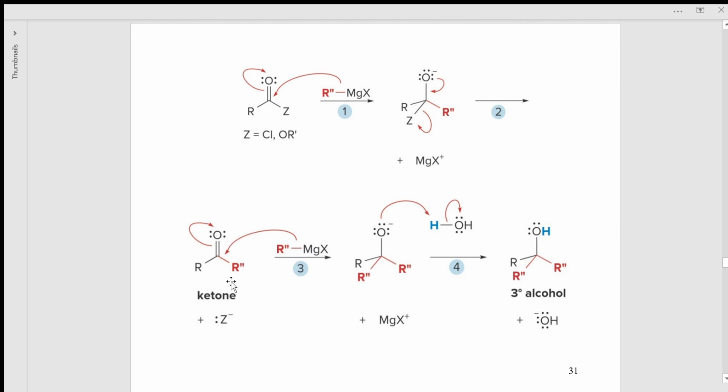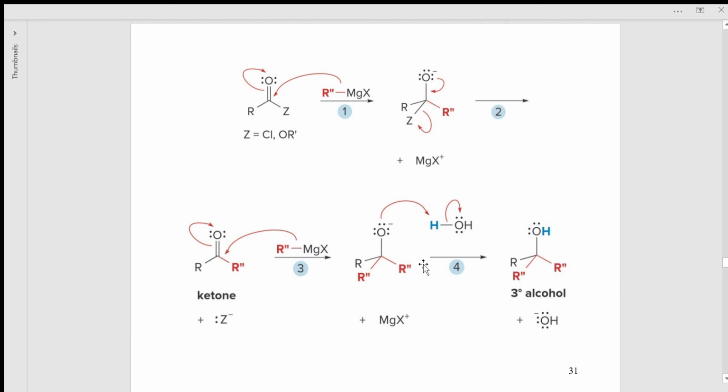So when this ketone forms, you see the first molar of organo part of this magnesium reagent has been added to the substrate. The Z group already left. So this is not the end point of this reaction. Again, this carbonyl carbon still bears a partial positive charge, and the carbon on this organometallic molecule will attack this carbonyl carbon.